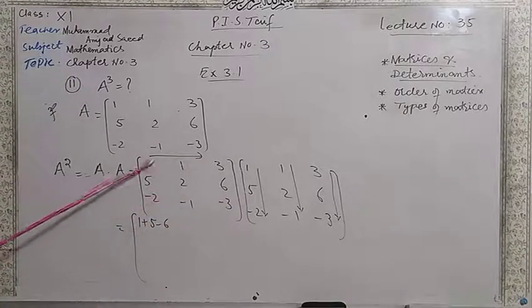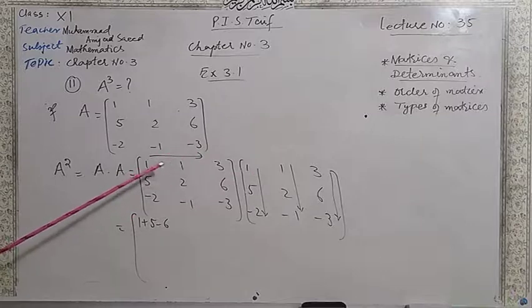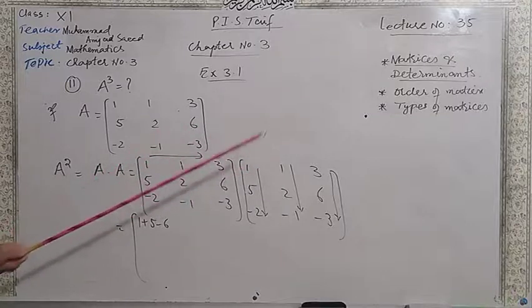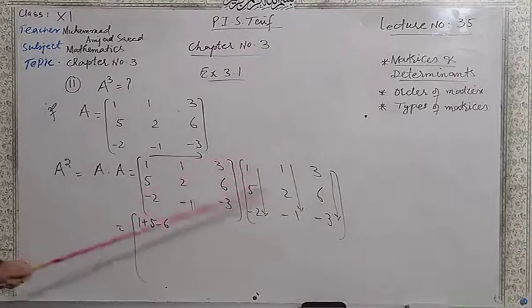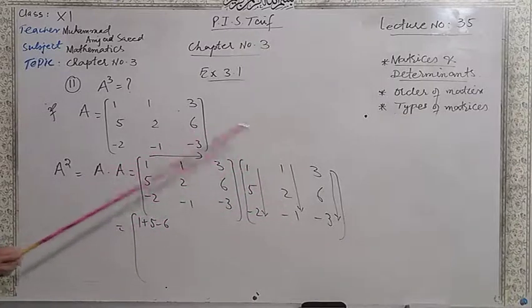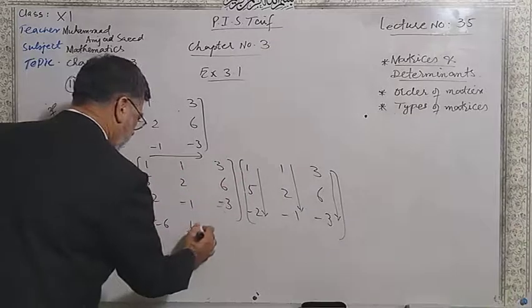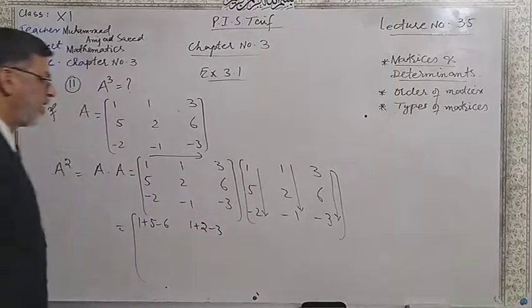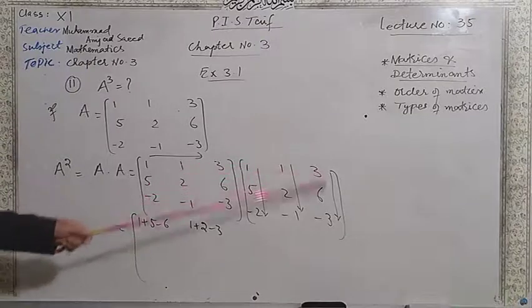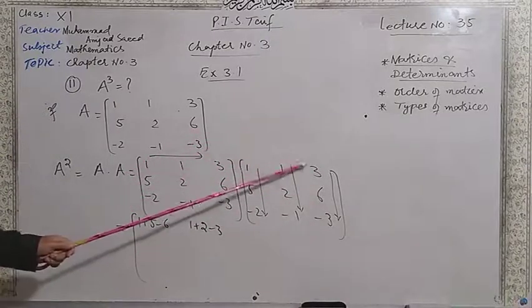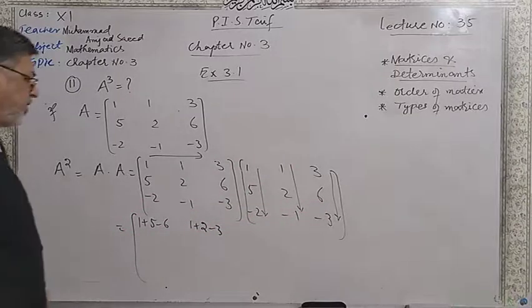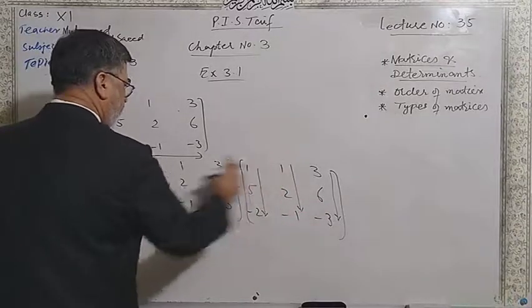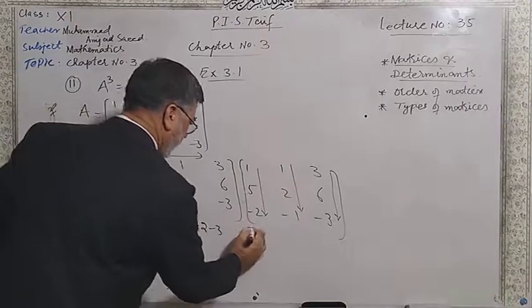Then again, first row, second column: first into first plus second into second plus third into third. So 1 plus 2 minus 3. Then first row and third column: first into first plus second into second plus third into third. So we have 3 plus 6 minus 9.